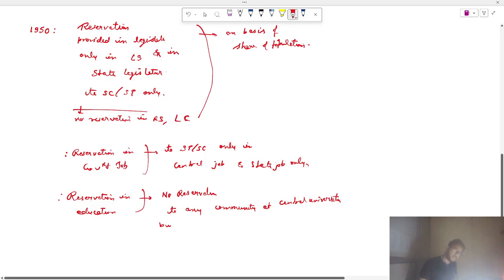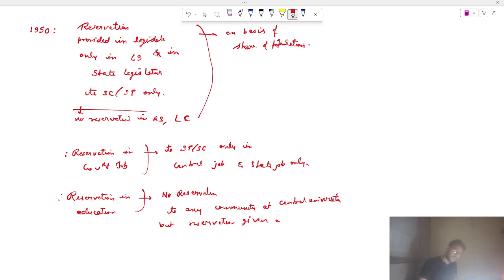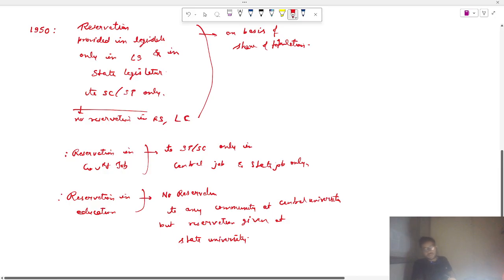But reservation was given at state universities. So basically, in education, no reservation at the central level, and only reservation given at state universities, to the SC and ST community.